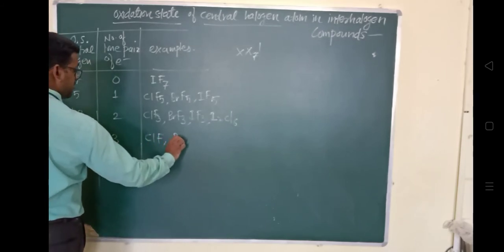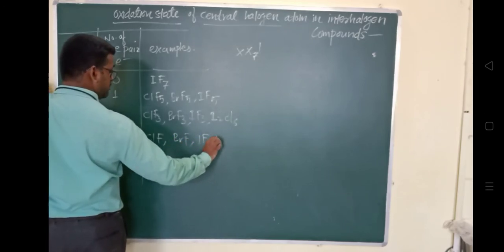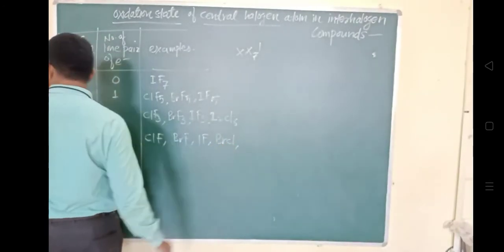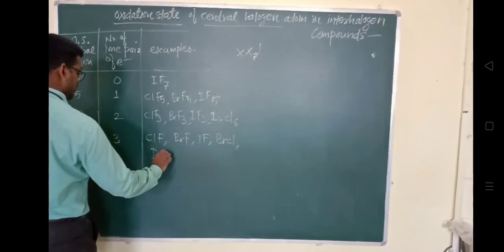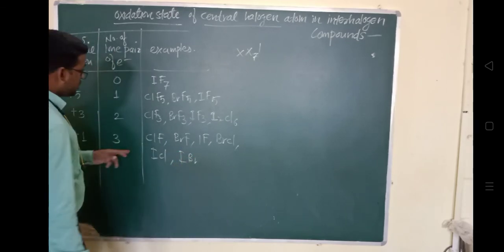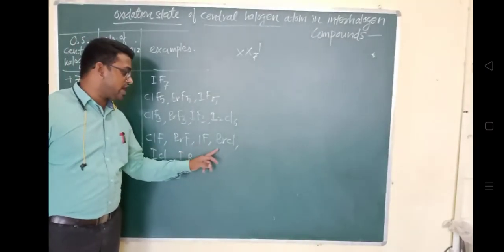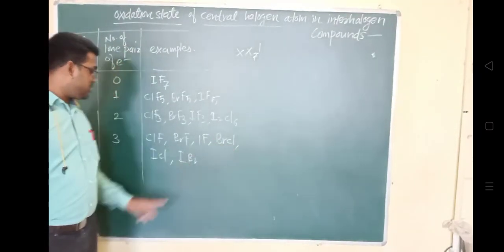Their oxidation state is +1 and the number of lone pairs of electrons is 3. In this way, we have discussed the oxidation states of interhalogen compounds.